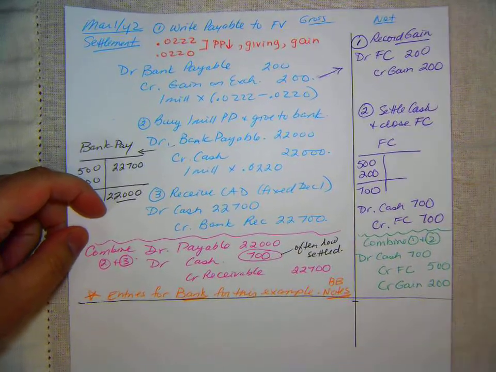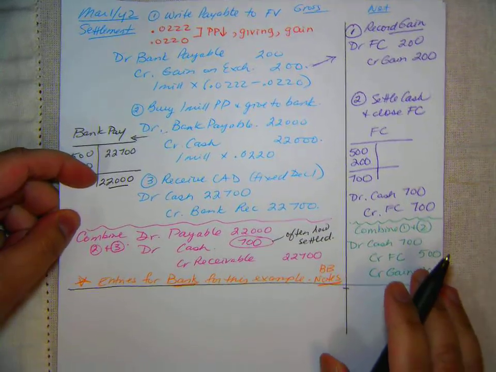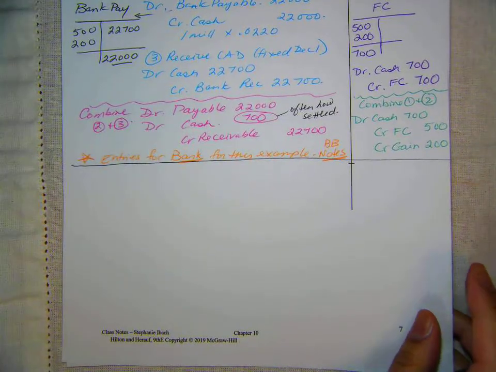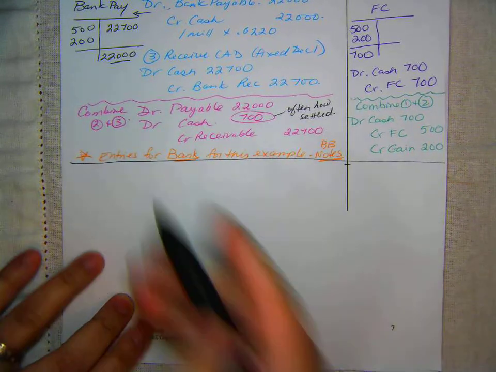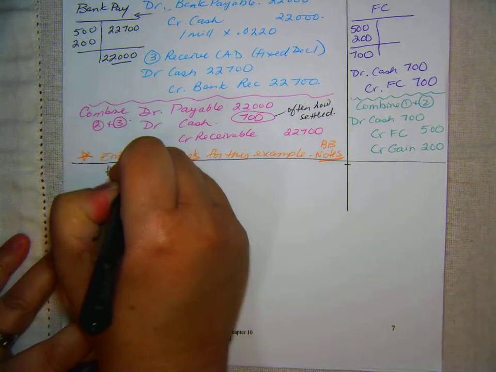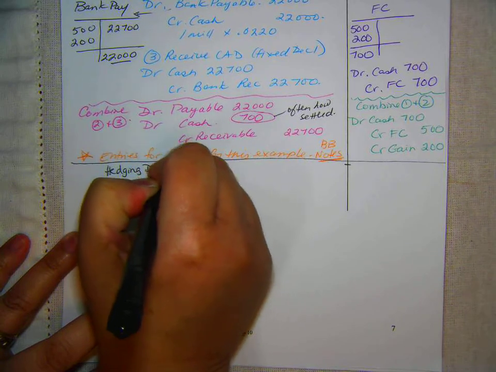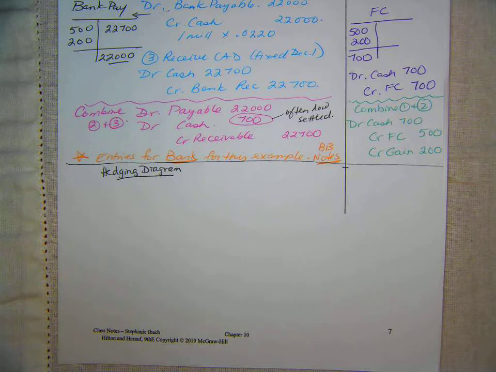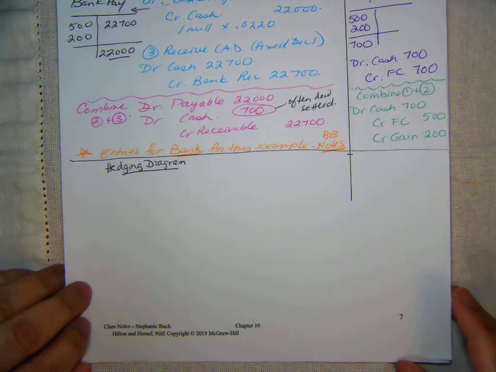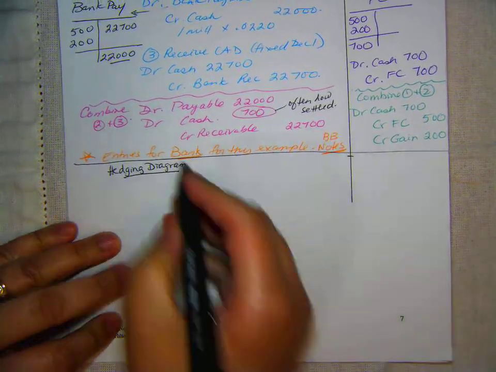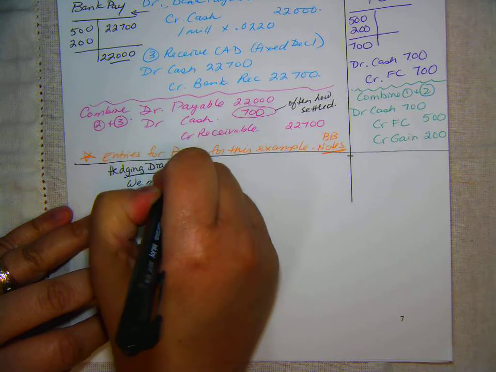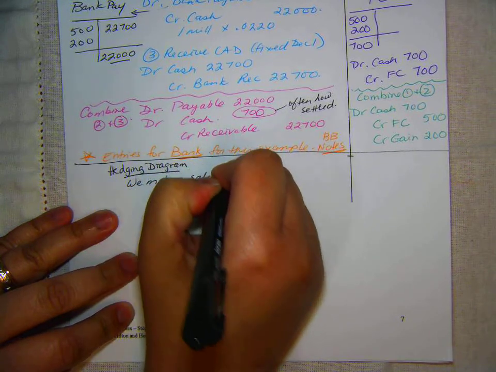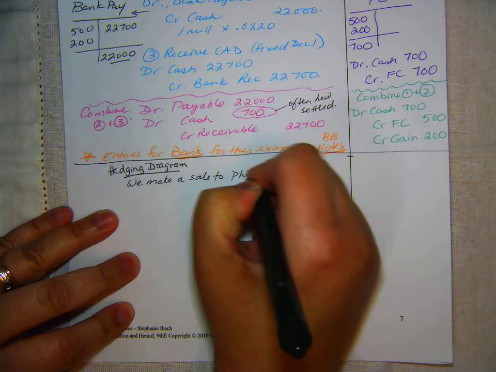So on page 7 we left this little space. So I'm just going to call it a little hedging diagram. And let's say we make a sale to a Filipino company for 1 million pesos in 60 days.